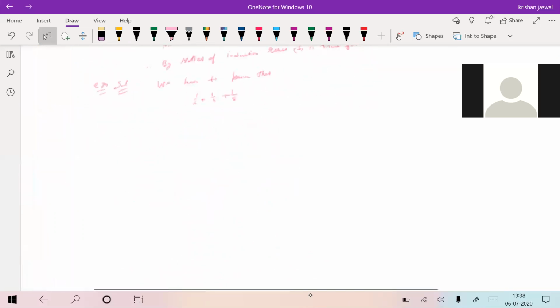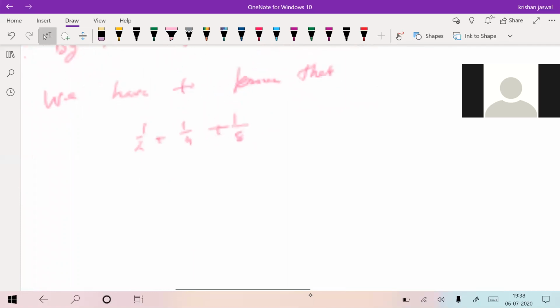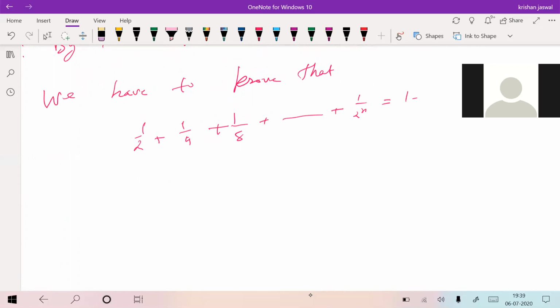Example number 4. 1 over 2 plus 1 over 4 plus 1 over 8 plus so on plus 1 over 2 power n is equal to 1 minus 1 over 2 power n. For n is equal to 1, left hand side is 1 by 2, and right hand side is 1 minus 1 over 2 power 1, which is 1 minus half, that is 1 by 2.